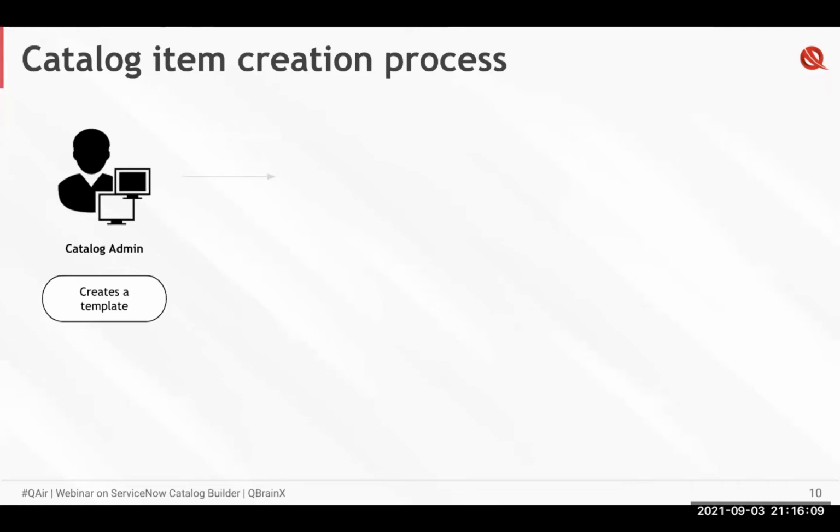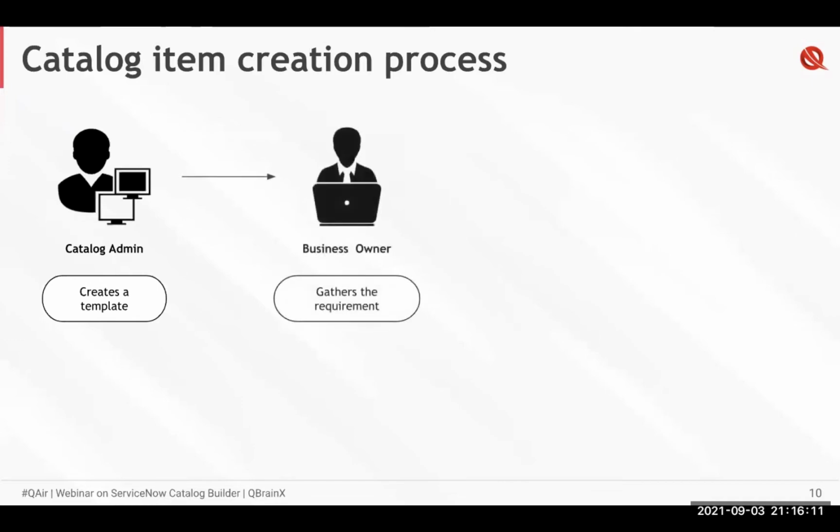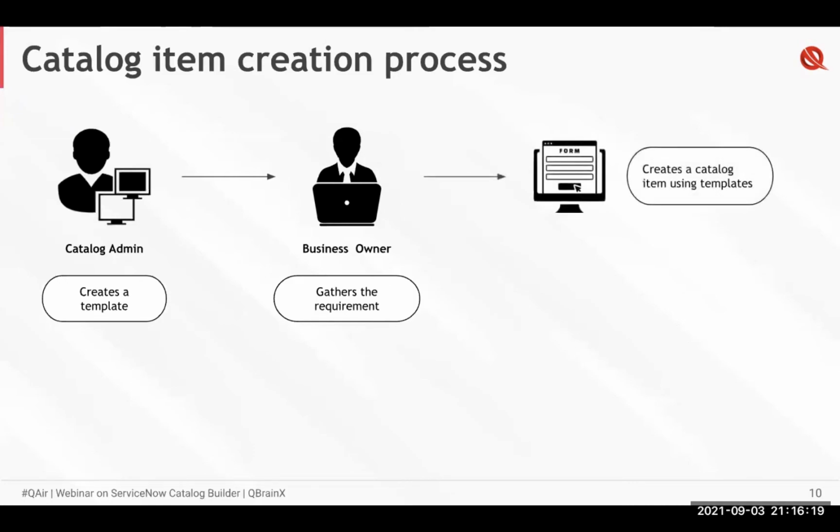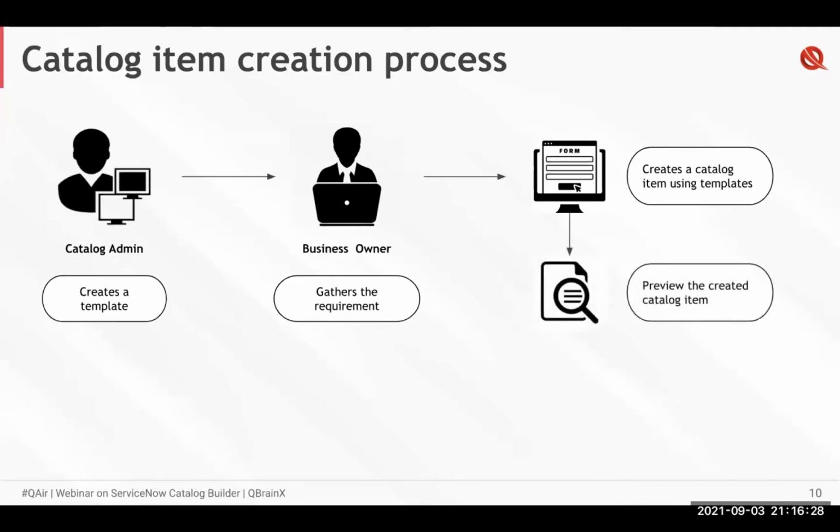Once all the templates are created, the business owner will gather the requirements from the HR team, and using the catalog item templates created by the catalog admin, the business owner will create the catalog items. Once the catalog items are created, the business owner himself will be able to preview the created catalog item, and he can publish it.